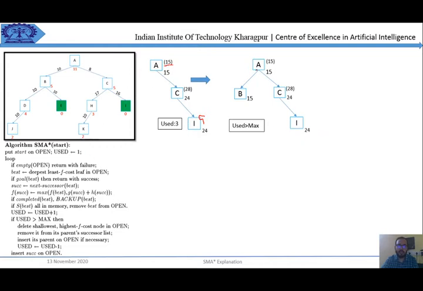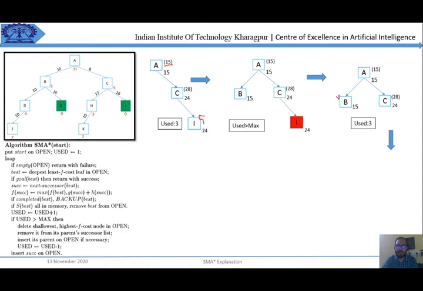So now from these three nodes, I is actually the highest one. So I have to remove this I node. After removing this I node, the value has not been updated. It is said that update only if necessary, so it is not necessary to update the value of this one. So U value is 3. After that, among these three, both 15s are the lowest ones, but I have to take the deepest one.